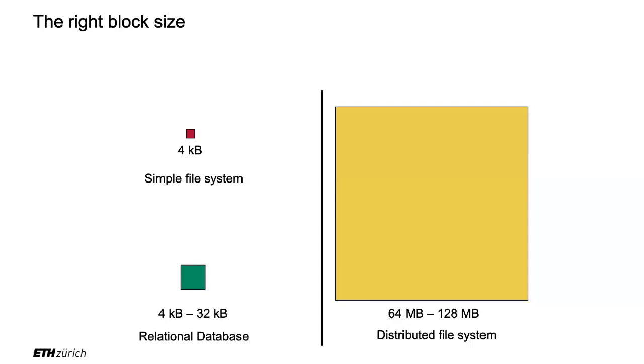Then the model you should have if we had blocks that small is that you wouldn't have a few thousand blocks on each machine. You would have millions of blocks, tens of millions of blocks on each machine. So imagine a cluster with 1,000 machines, and on each machine, there are tens of millions of blocks.